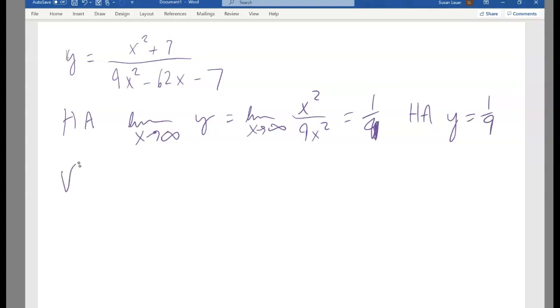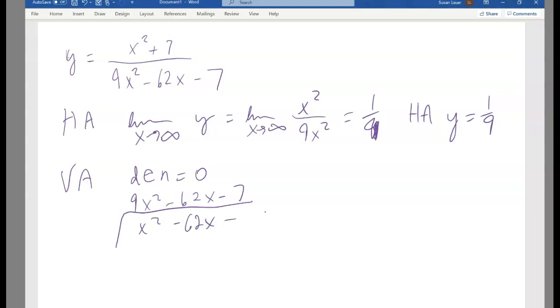The vertical asymptote is where the denominator equals 0. So we're going to set the denominator equal to 0: 9x squared minus 62x minus 7. So I guess we can see if this factors. We'll have x squared minus 62x minus 63, and I can see that factors pretty easily.